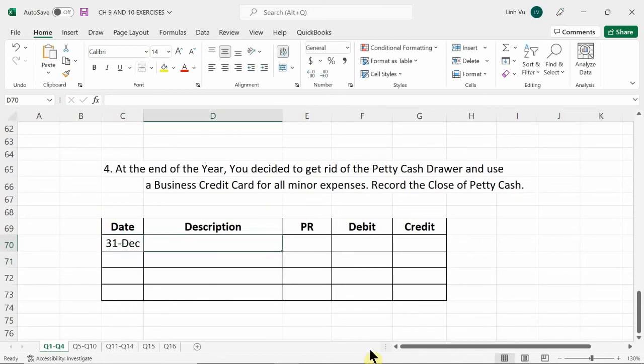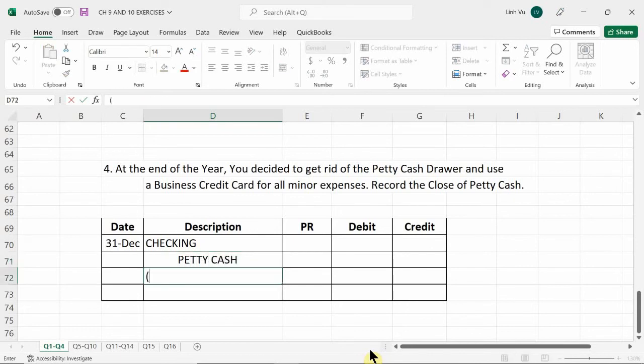How do I record the closing of the petty cash drawer? You debit checking for the 800. You credit petty cash for the 800. And in your notes, you say that you're closing the petty cash.